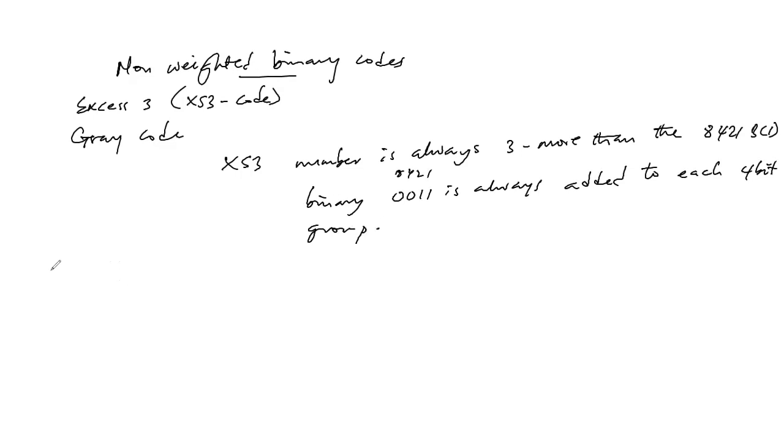Okay. So let us convert the decimal number 82 to excess-3 number. So we have 82 plus 3.